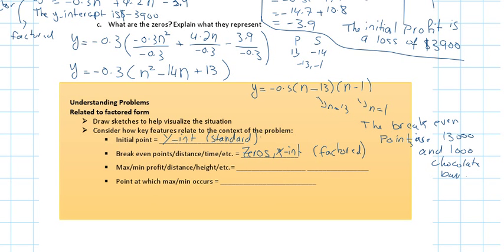If I'm looking for the maximum or minimum profit or distance or height, what am I looking for? The vertex, but which part of the vertex specifically? The y value of the vertex, which we call the optimal value, okay?